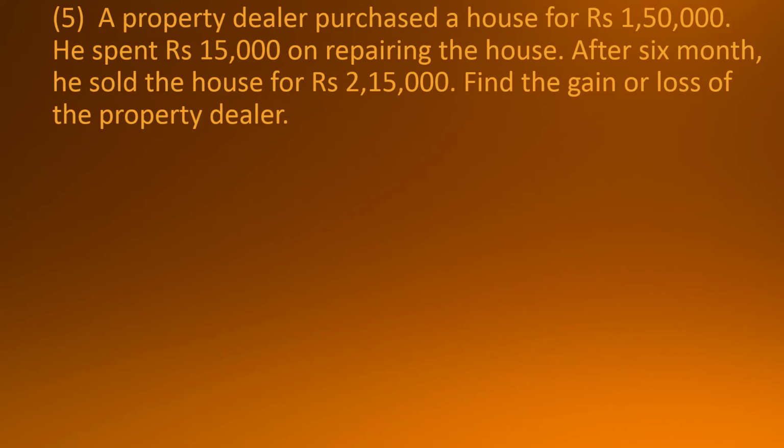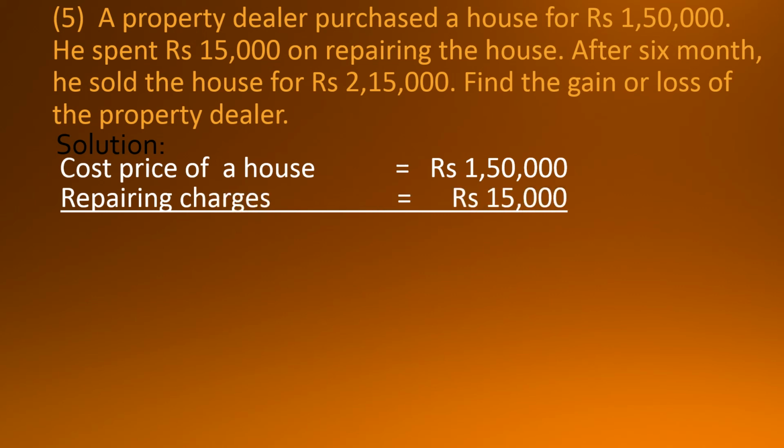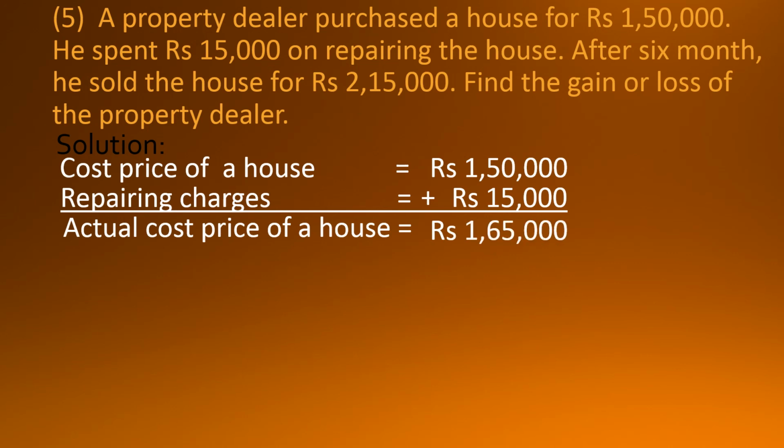Let us solve one more question. Question number 5. A property dealer purchased a house for rupees 1,50,000. He spent rupees 15,000 on repairing the house. After 6 months, he sold the house for rupees 2,15,000. Find the gain or loss of the property dealer. See, in this question, cost price of the house is rupees 1,50,000 and repairing charges is rupees 15,000. So the actual cost price of the house is rupees 1,50,000 plus rupees 15,000, which is equal to rupees 1,65,000.